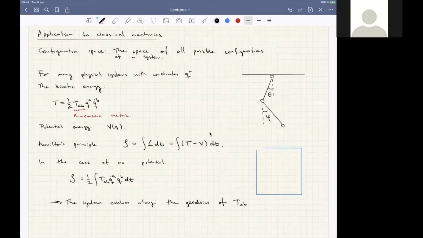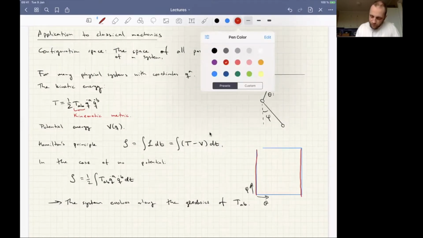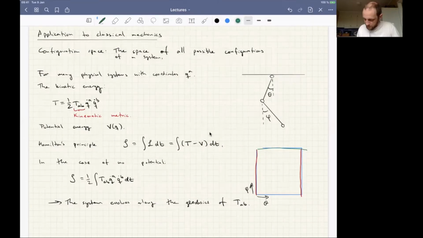For example, if I draw this square in theta and phi space here, the points along this line are all the same points as along this line. And the points along this line are all the same as the points along this line. So if you think about it, it's going to have the same shape as a donut, essentially.